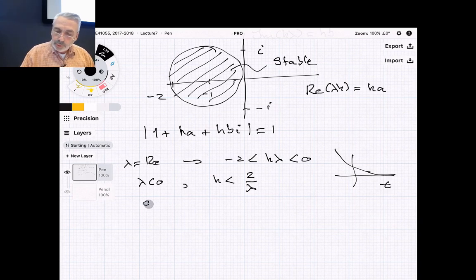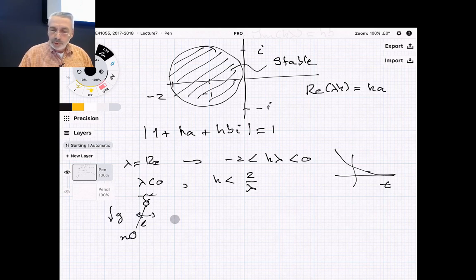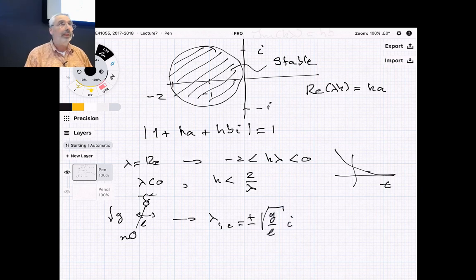The other solution is actually interesting. Let's say we look at a simple pendulum without any damping in a gravity field, length L, mass m. Then we know that the eigenvalues are something like plus or minus the square root of g over L times i, g over L being the eigenfrequency squared.